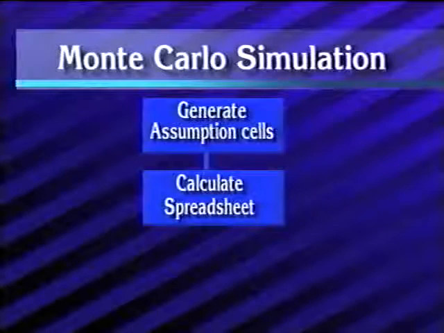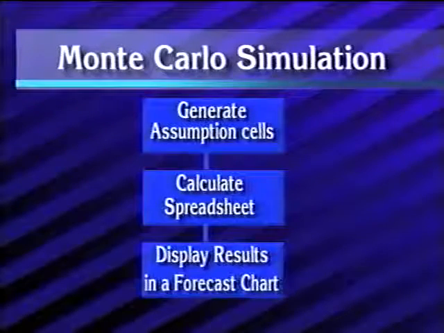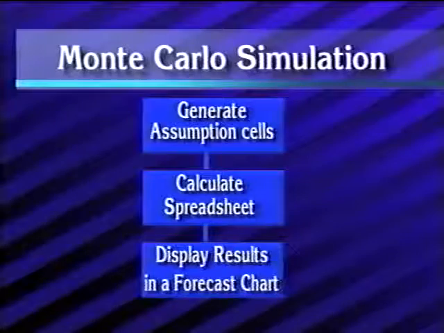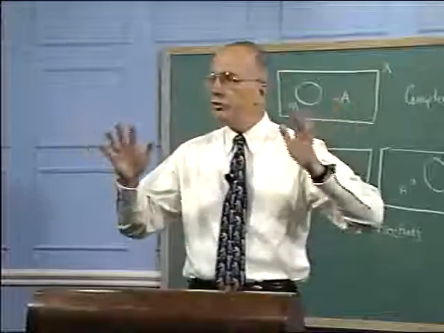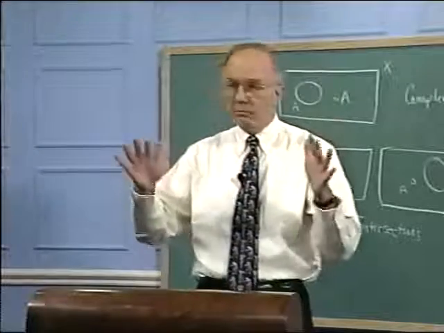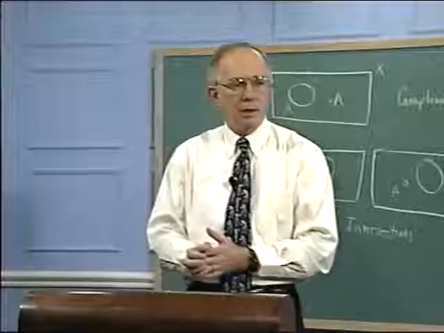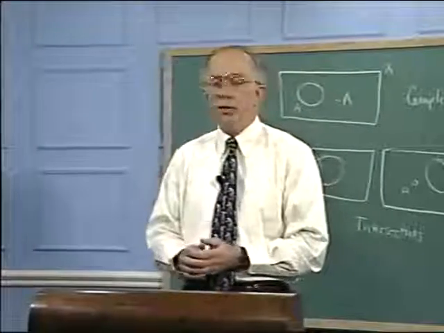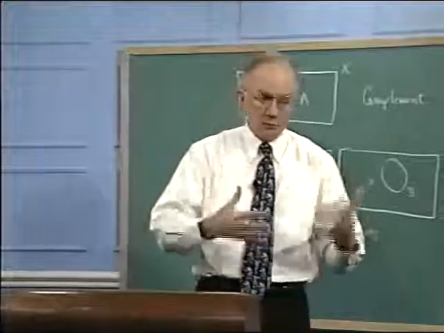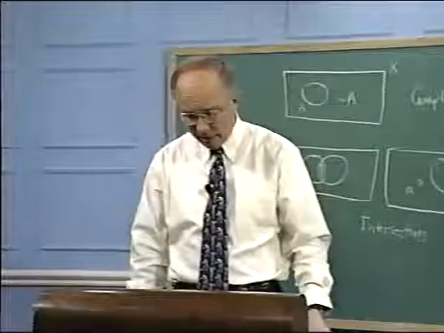So the third step is to actually display your results inside of a forecast chart. So you're going to see not only the range, but the probabilities associated with each revenue number or each cash flow number, whatever it is that you want to display.